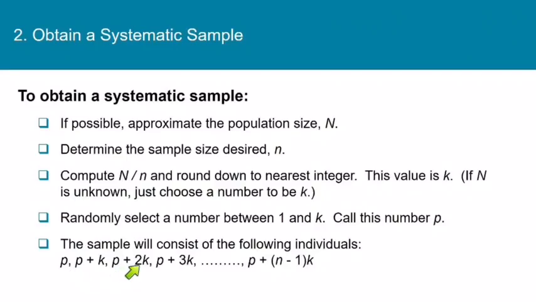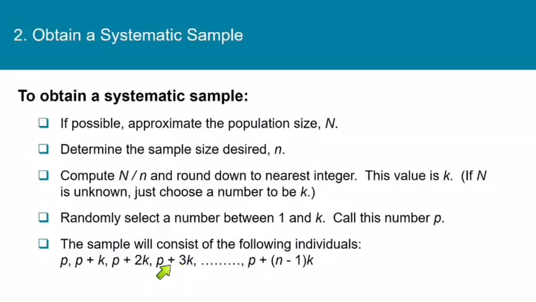Notice that for each subject, I'm adding one more K than I did the time before, but it's always one less than whatever subject we're on. So when we find the first person, we don't add K at all, 0 Ks. And when we find the second person, we add 1 K. And when we find the third person, we add 2K.